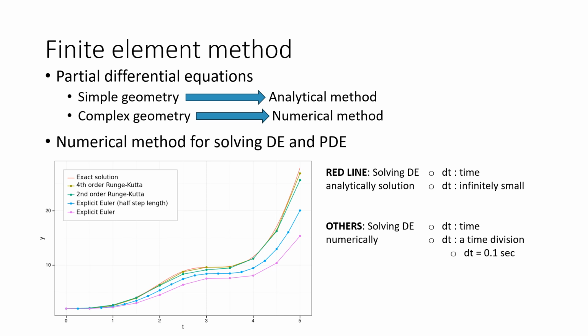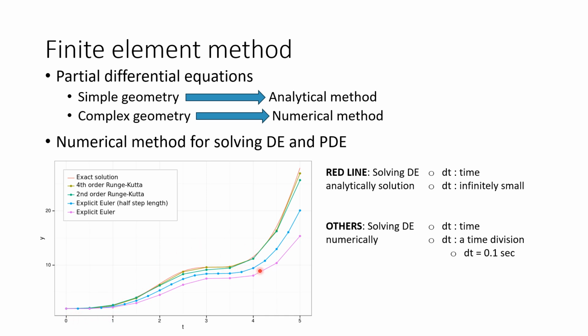So they will not be infinitely small, and as an example we see here the so-called explicit Euler method. I will not delve into its logic, but the main thing is that with red we have the original function, and we are trying to go closer and closer to the original function with different numerical methods.